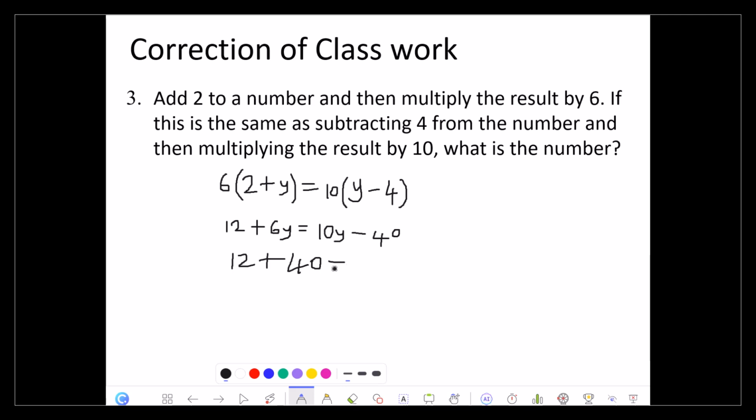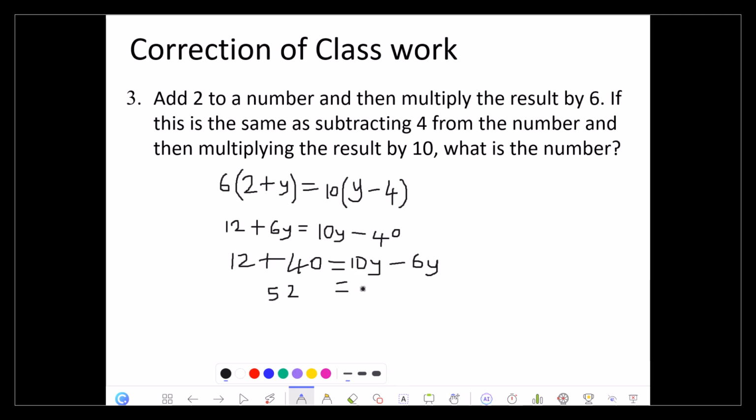Then equals to, I want my 6y to go and meet 10y on the other side. So let this 6y cross over to this side. If plus 6y crosses over, it will become negative 6y. So to end this calculation now, 12 plus 40 gives us 52.